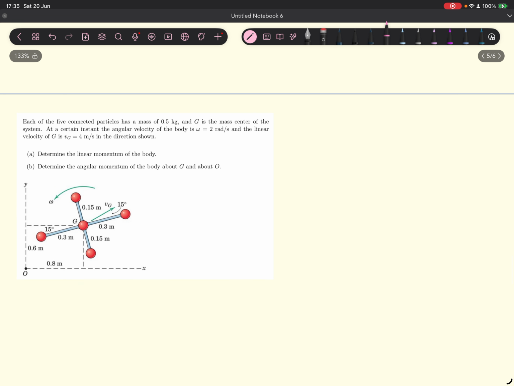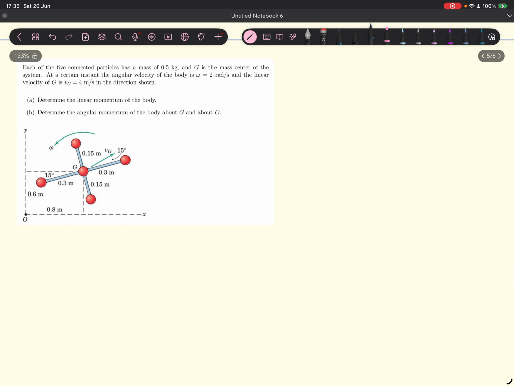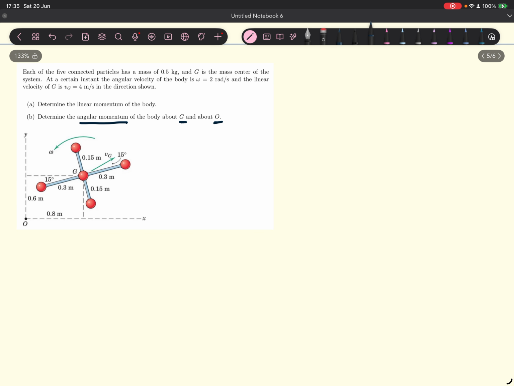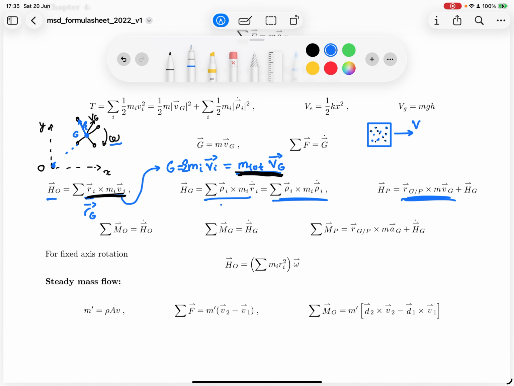And then for this question, they ask us to determine the angular momentum about body G and about point O. So when determining it about G, we use this equation over here.